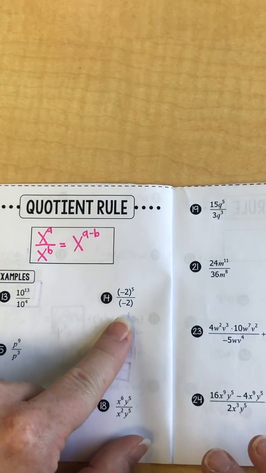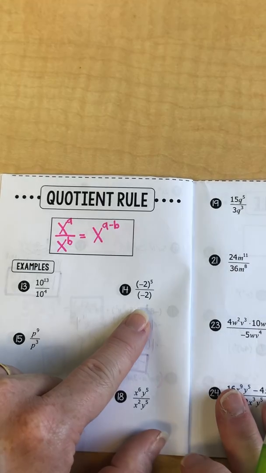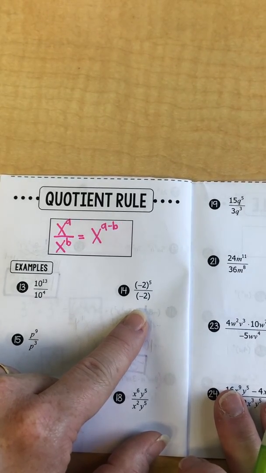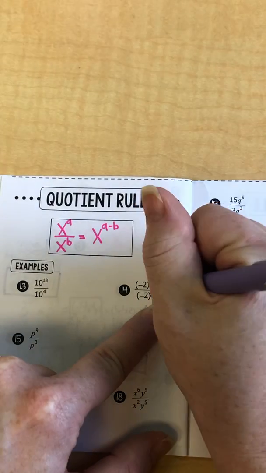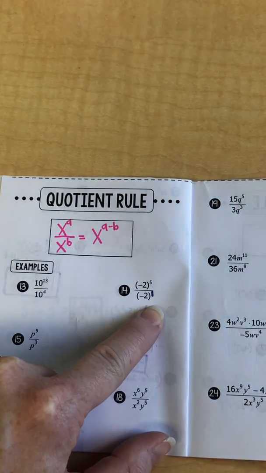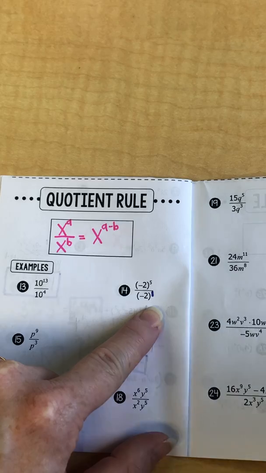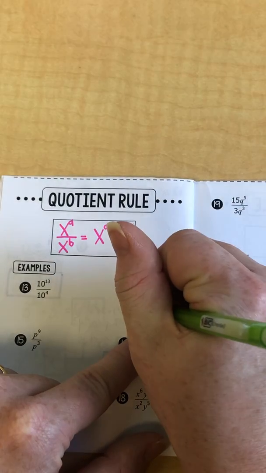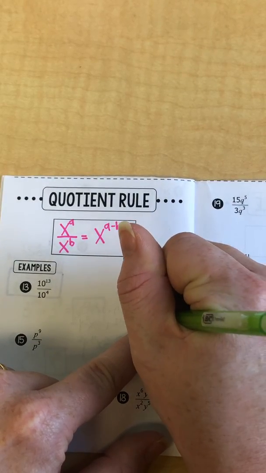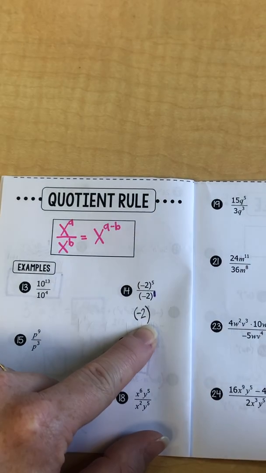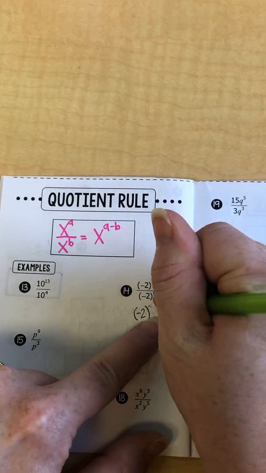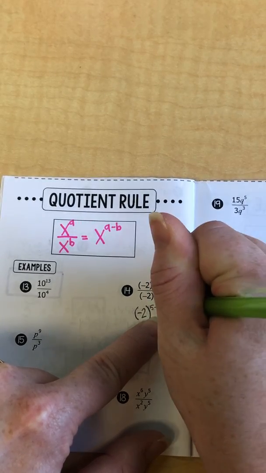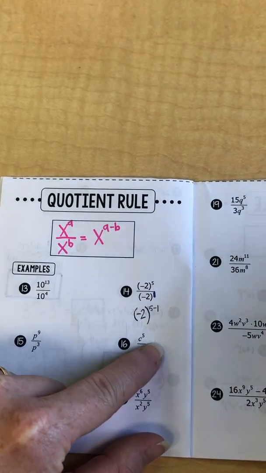Let's look at number 14. I think number 14 is a good one to do because we've got some parentheses and a negative inside the parentheses. There's an understood but unwritten 1 as the exponent right here. I'm going to keep my base the same. Now my base is -2, so I'm going to leave it in parentheses, and I'm going to do the numerator minus the denominator's power.